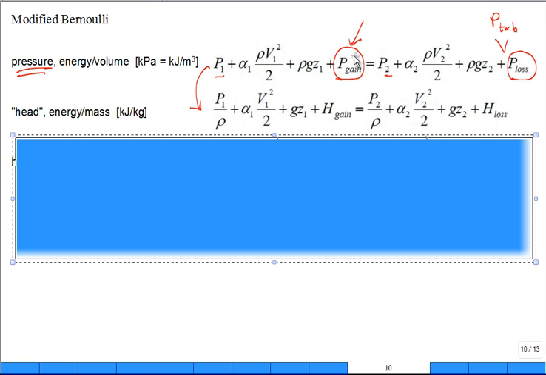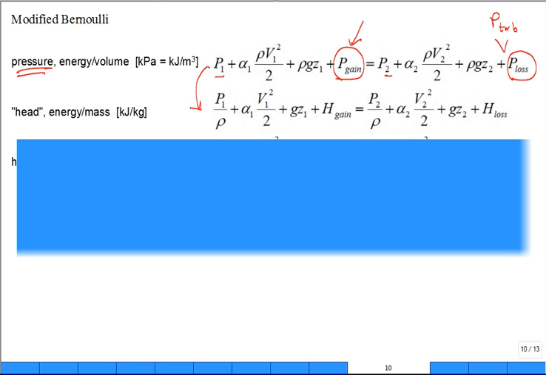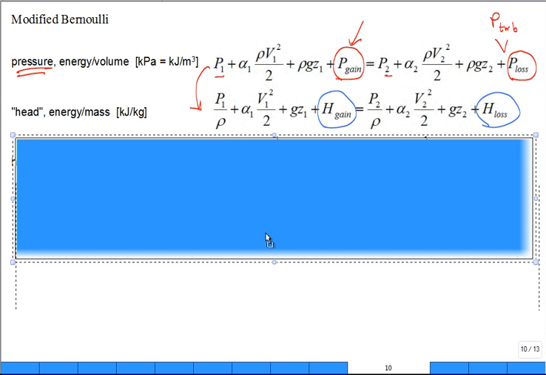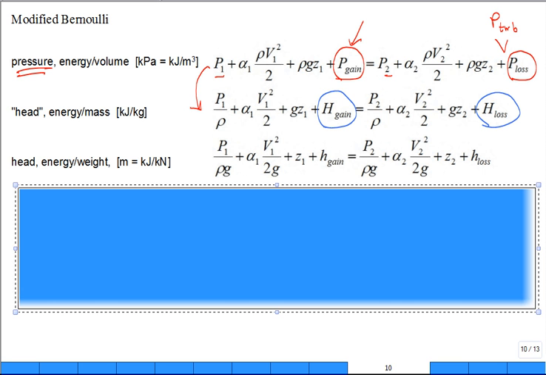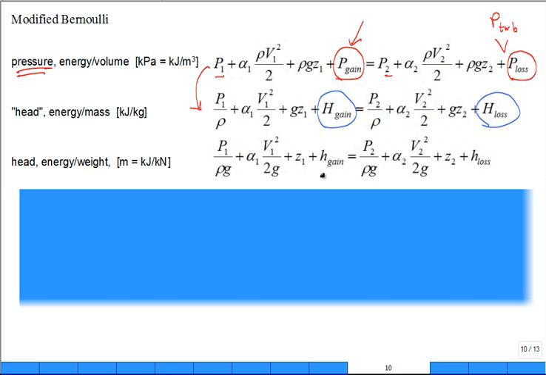I like to not use P anymore for the symbol for the gain, but to switch to something like capital H, head gain, capital H, head loss, knowing that capital H is different than the third equation, lowercase h for head gain, where its units are implied by meter because it's head, and lowercase h loss.